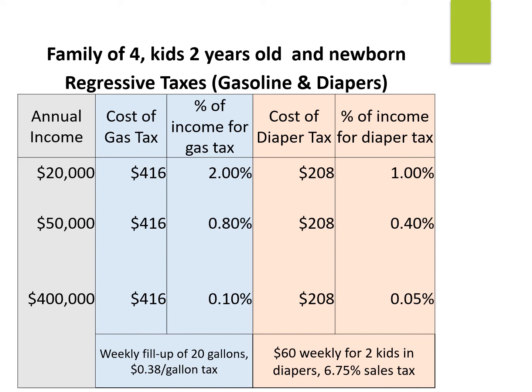But the problem, and the reason why this is considered regressive, especially by Democrats and people of a more liberal ideology, is that because people with low income spend a higher percentage of their money than people with high incomes, you end up paying a higher percentage of your income on taxes.